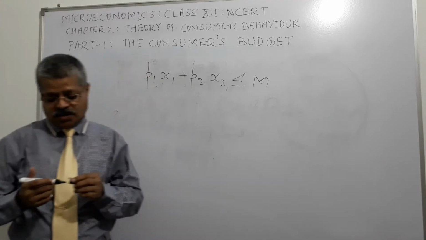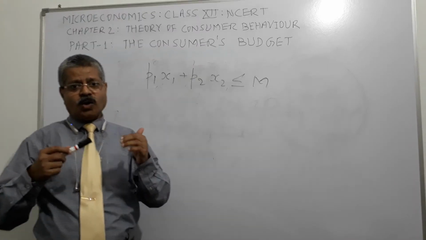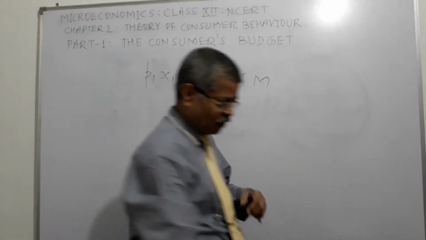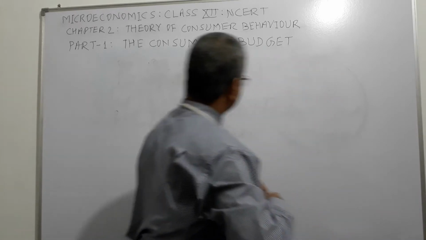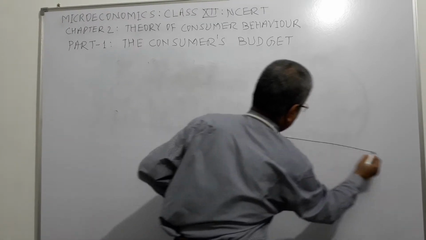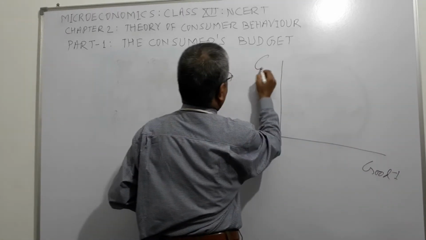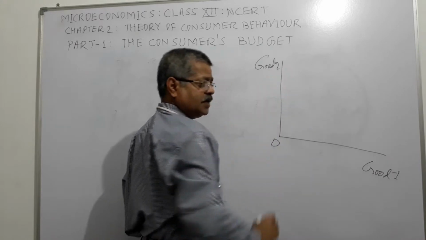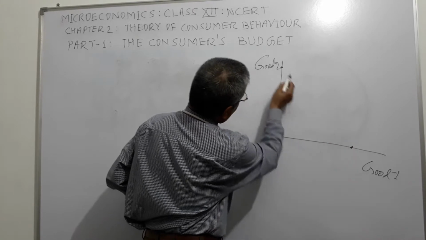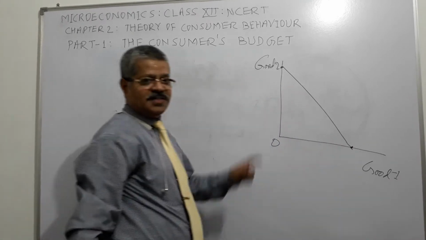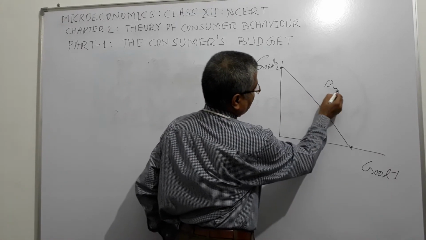Now, we can explain it like this. All bundles, we can take a diagram. Let's go like this. 0, this is good 1 and this is good 2. So this line is called the budget line.